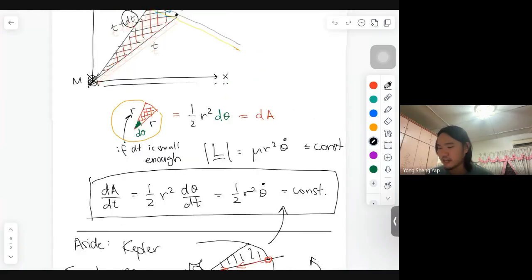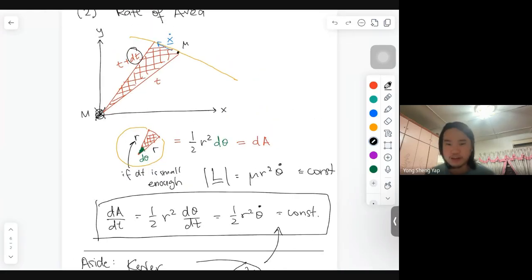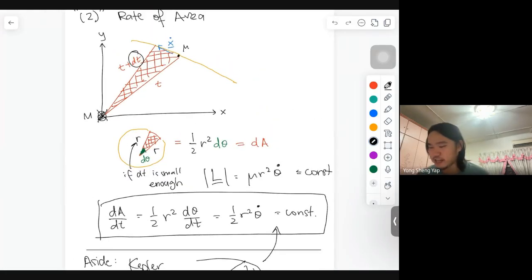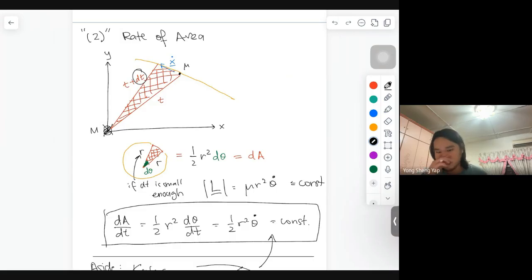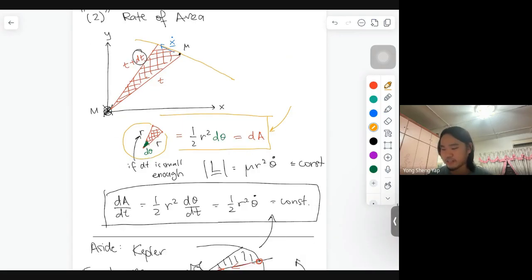Basically, the thing we have done here is, when we derive this part over here, we take the limit when dt is small, when the reduced mass only moves a little. So this is a very, very small area, and we're looking at the rate of the area that it sweeps out.